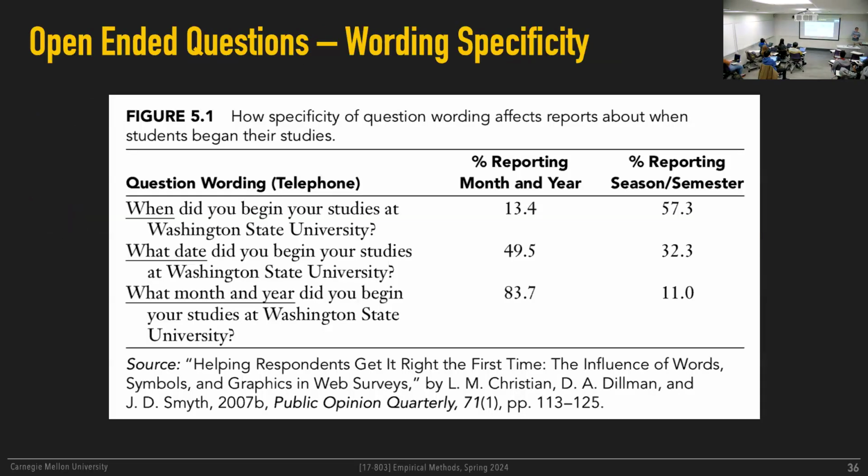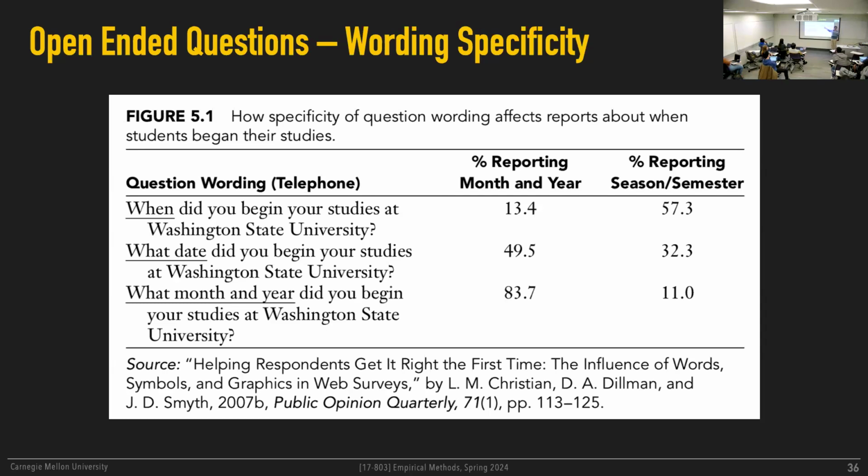Let me show you some more examples of how small changes in wording can have quite large effects. 3 ways of asking the same question here. Number 1, when did you begin your studies at Washington State University? When you ask it this way, only 13% of respondents give you the month and year.